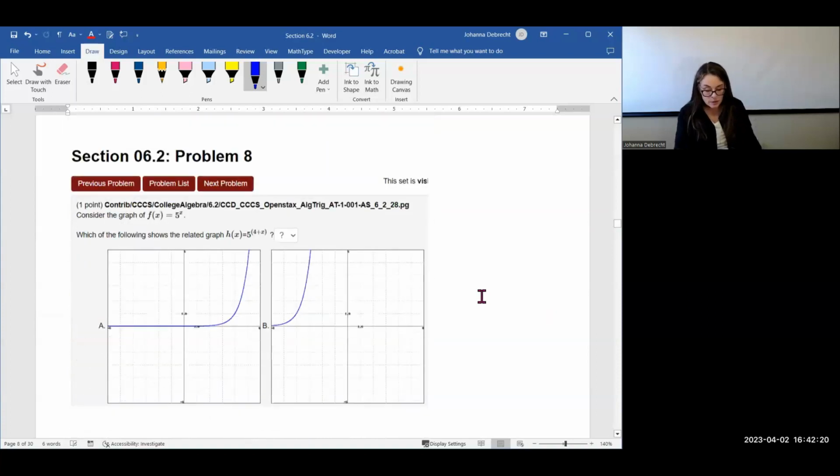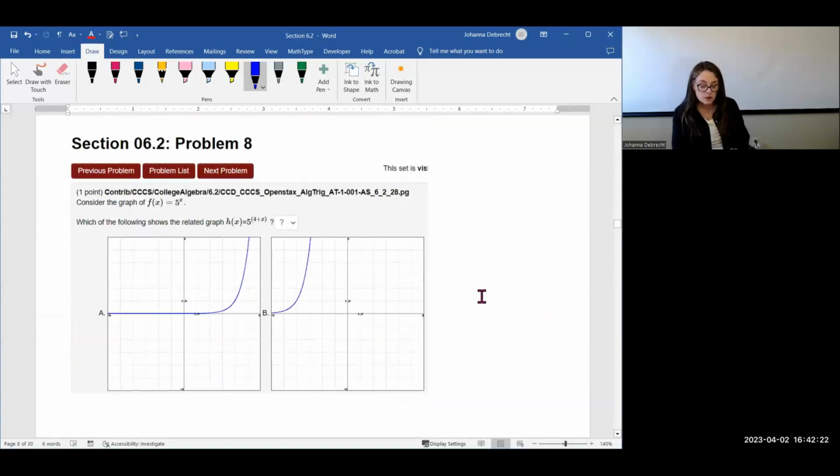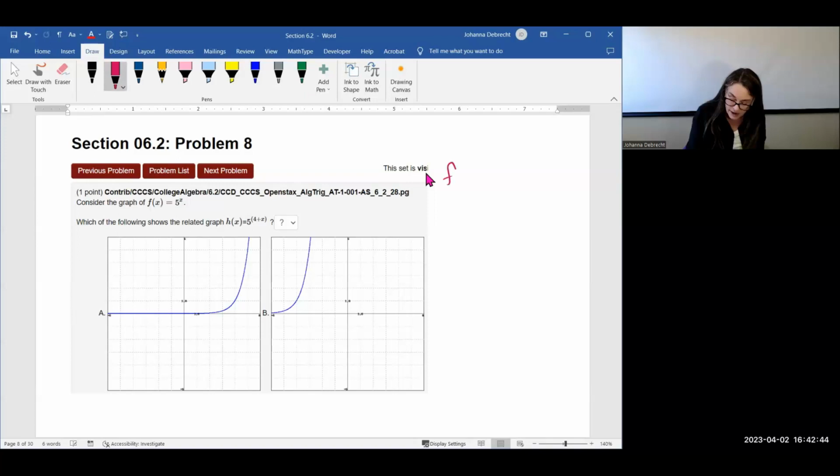Now let's take a look at problem number 8. We have a graph of 5 to the x, and we want to know which shows the related function of 5 to the 4 plus x. Let's rewrite it in the normal way. We've got f of x equals 5 to the x.